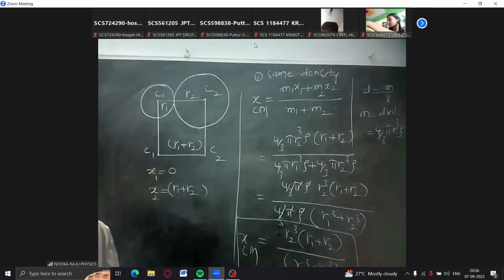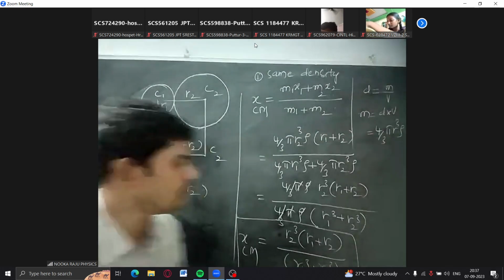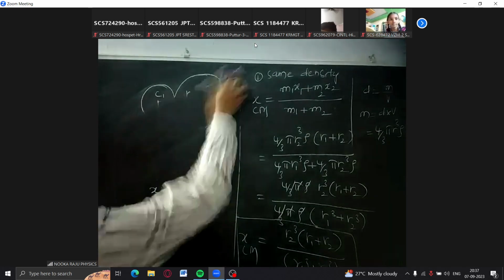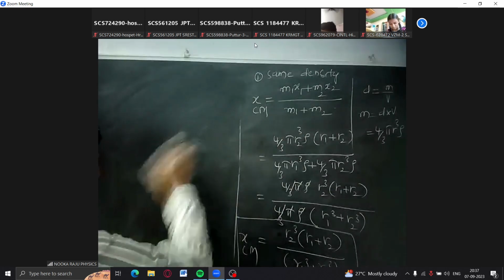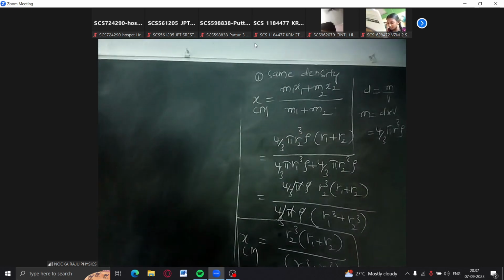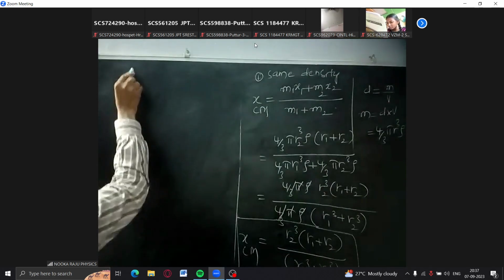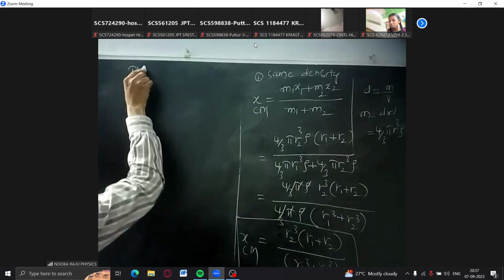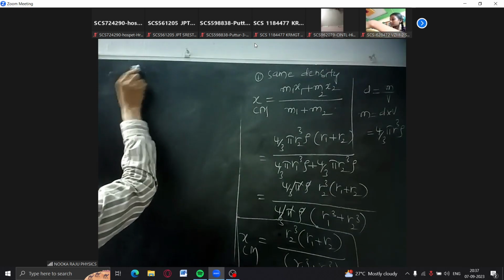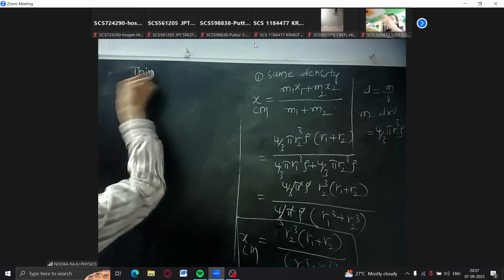Next, one more example. I consider thin uniform rods.